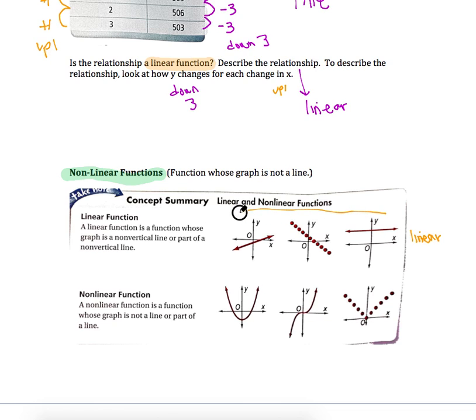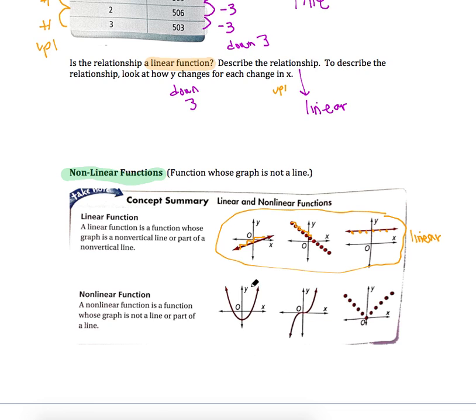They make lines. They repeat a pattern. We can see this repeating pattern is going up 1 over 1, up 1 over 1. And this repeating pattern is going over and down. And this repeating pattern is just going over, and the up or down is 0. So those are all repeating patterns.